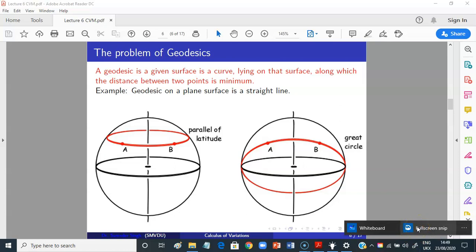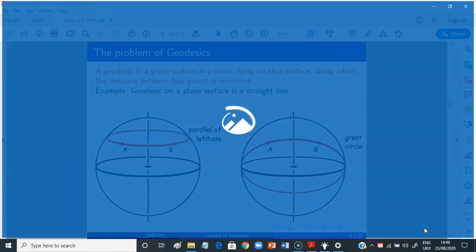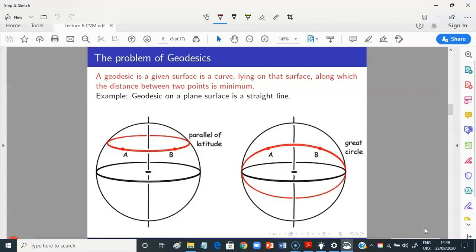For example, I have given geodesics on a plane curve with a straight line. Geodesics of a given surface is a curve lying on that surface along which the distance between 2 points is minimum.